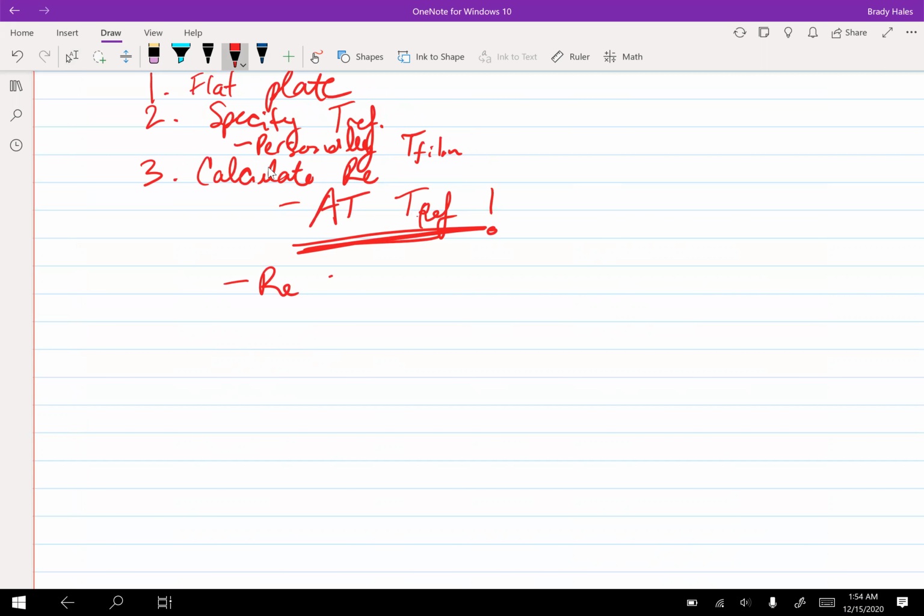So the Reynolds number is equal to rho U L over mu, or U L over nu.